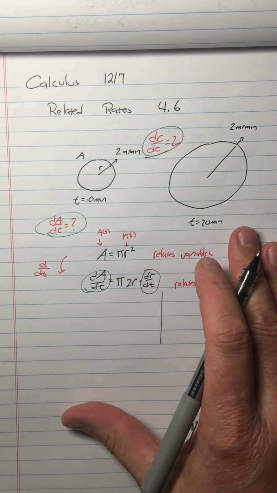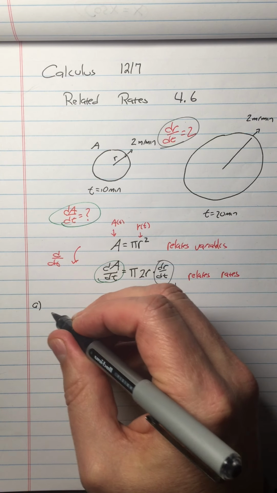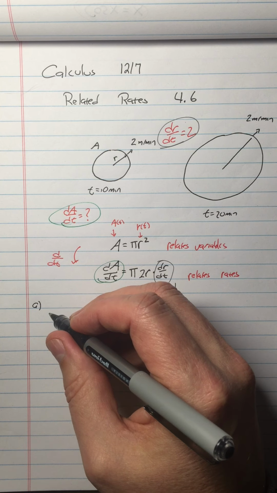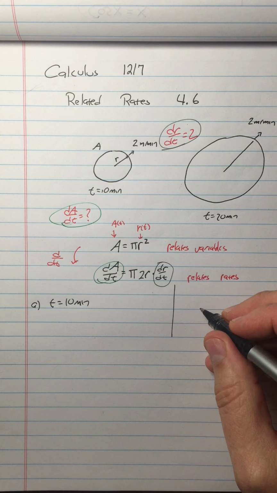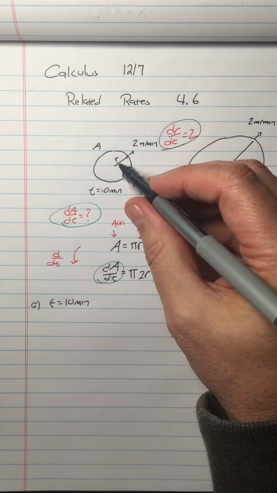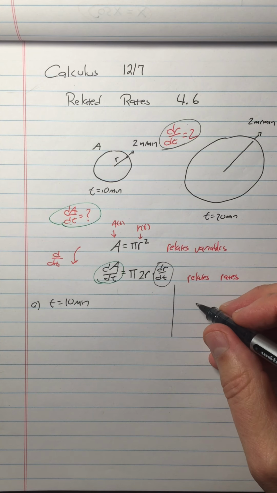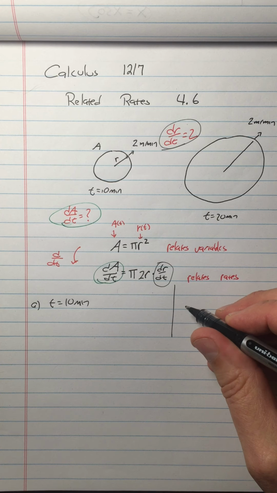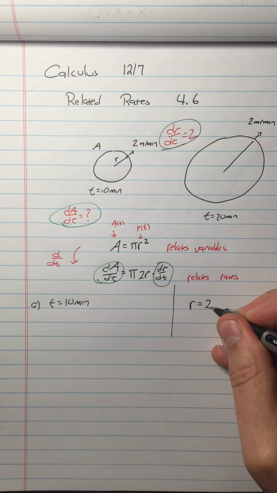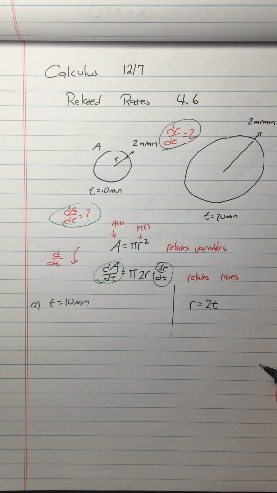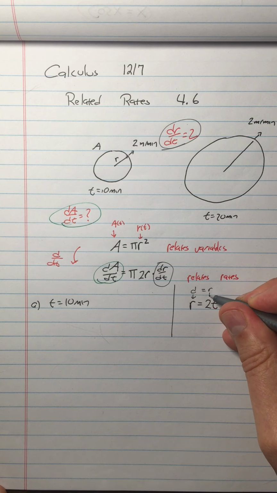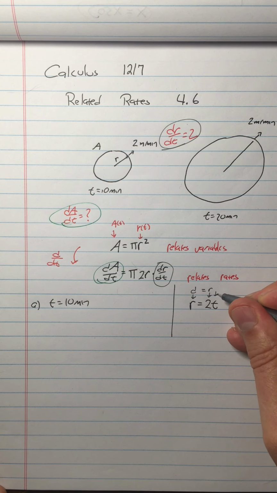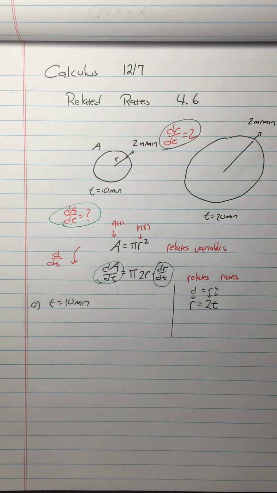So if we think about part A, when t equals 10 minutes, what we can know about the radius is that since the radius is expanding at 2 meters per minute, what that really tells us is that r is equal to 2t. That's just the old distance equals rate times time, right? Where here, the distance is the radius, the rate is 2, and the time is the time that's given in the problem.